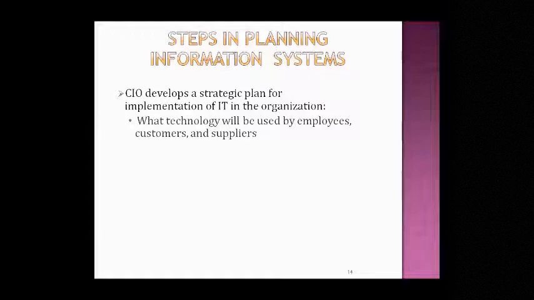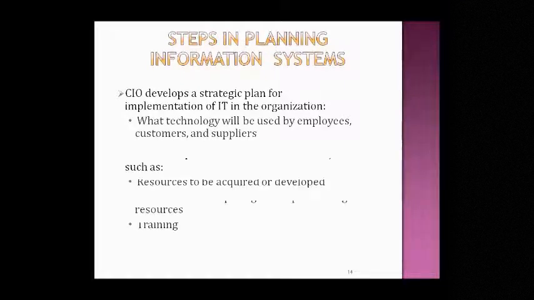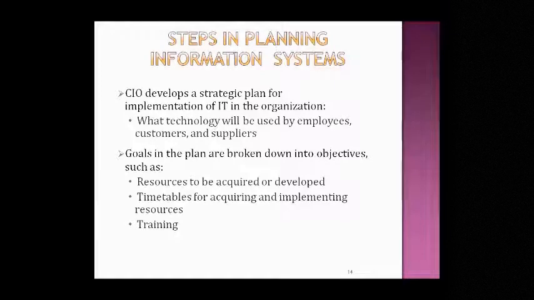The CIO develops a strategic plan for implementation of IT in the organization. What technology will be used by employees, customers, and suppliers? Goals in the plan are broken down into objectives. So why do we need to have it broken down into smaller ones?